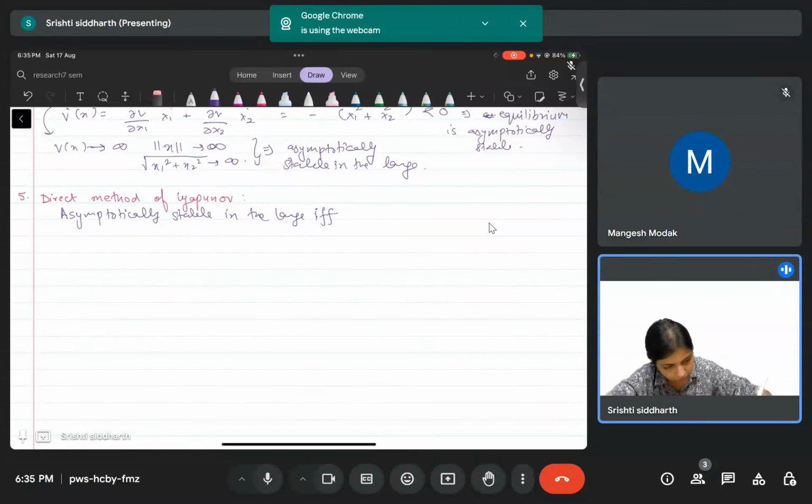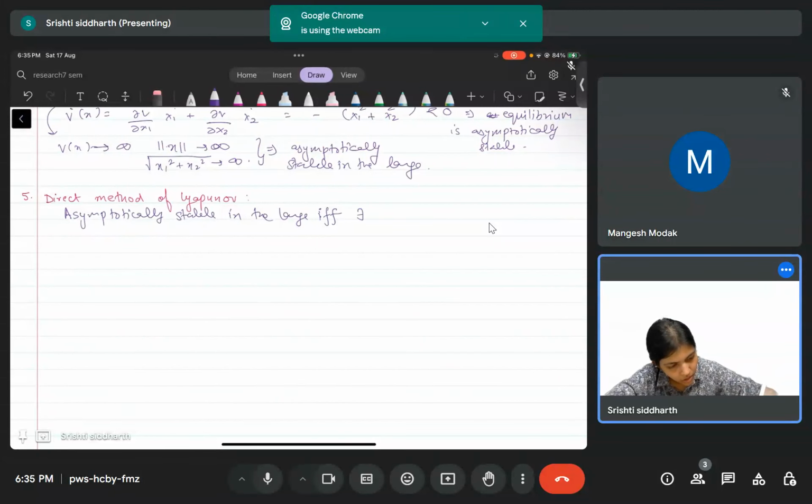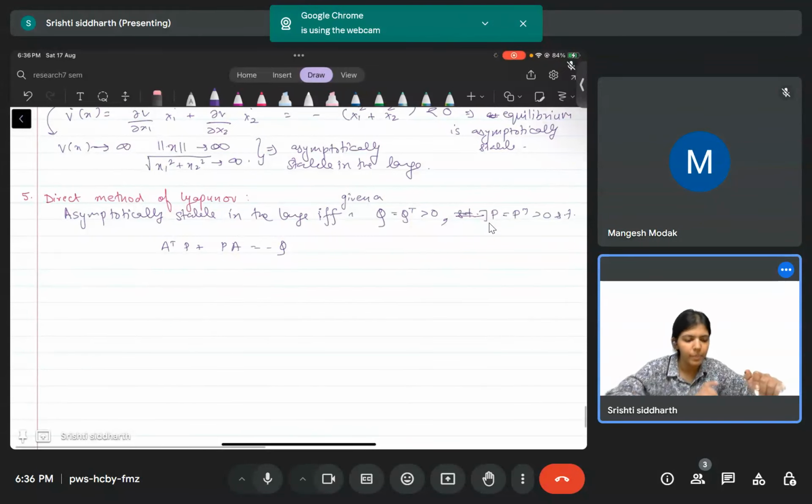If we can find a Q which is symmetric, positive definite, such that A transpose P plus P A equals minus Q. So given a matrix Q, there exists P positive definite such that this holds.